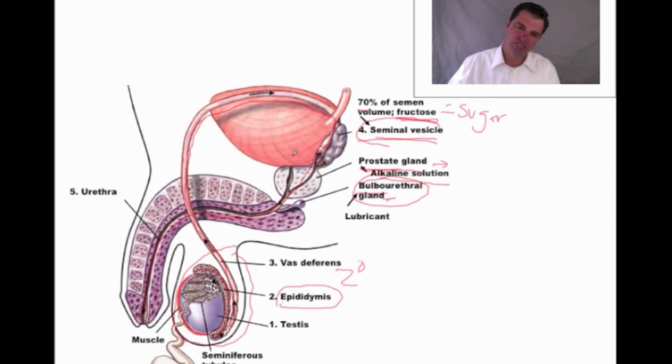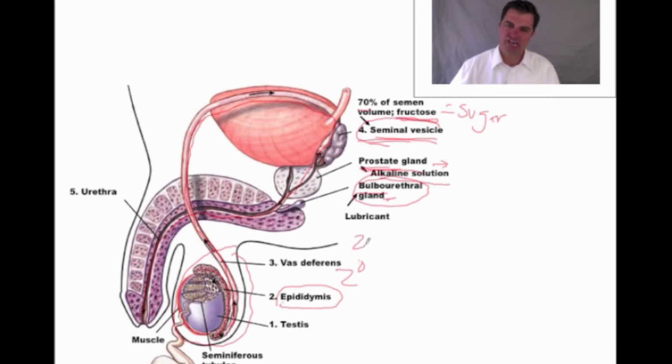So what happens is the sperm travel through this area. They come through the prostate gland, the seminal vesicle, as well as the bulbourethral gland, and all those fluids along with the sperm get delivered. And the vagina tends to be pretty acidic. So in order to prevent the sperm from dying, a lot of the alkaline solutions from the seminal vesicles and the prostate gland are designed to neutralize that, to give the sperm a chance.